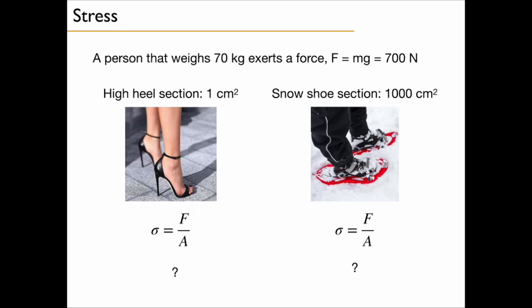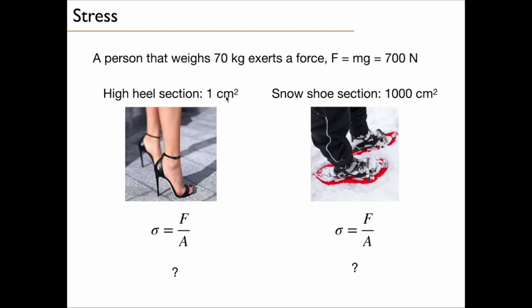And now let's consider a person that weighs 70 kilo, who is either walking with high heels or with snowshoes. The person that weighs 70 kilo exerts a force of approximately 700 newtons, so 70 times 10.